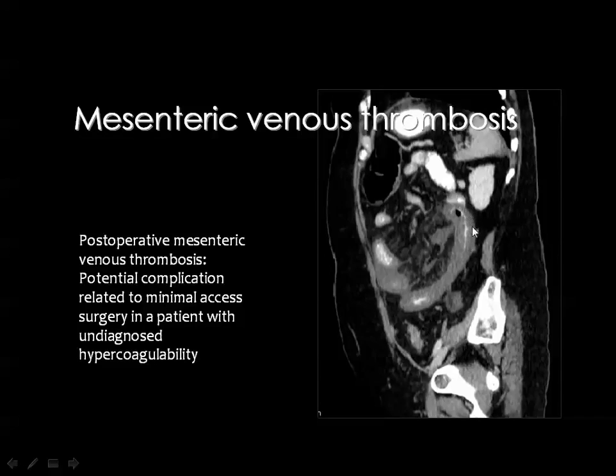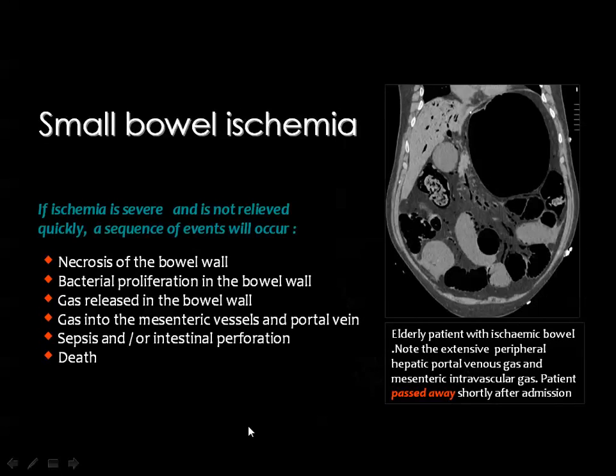You see marked mucosal edema, markedly encroaching and severely attenuating the lumen of the bowel. This is also a coronal reformatted CT image of a patient with a small bowel ischemia. You can see pneumatosis intestinalis and pneumatosis portalis with air in the portal tracts.